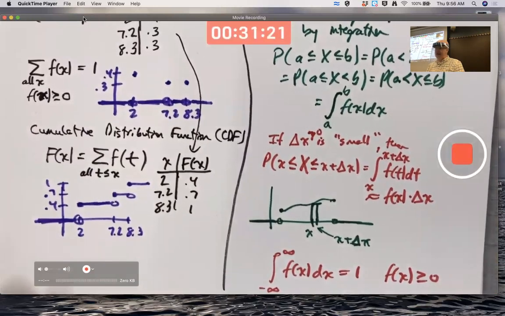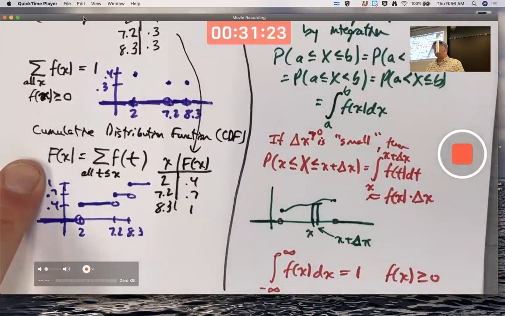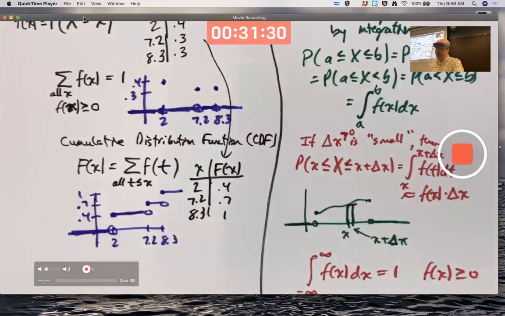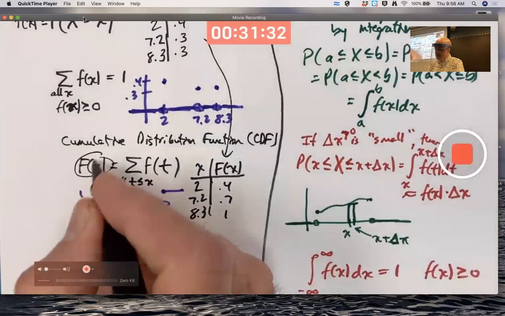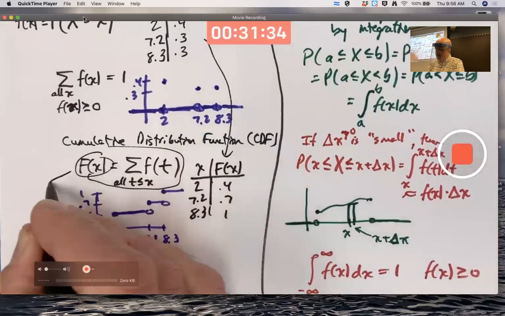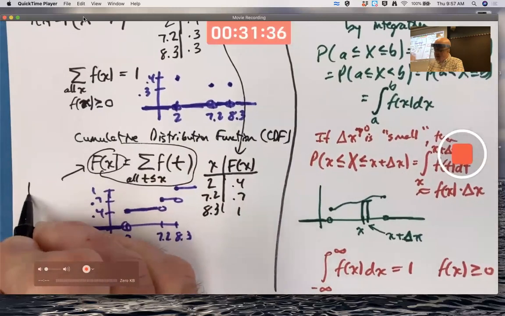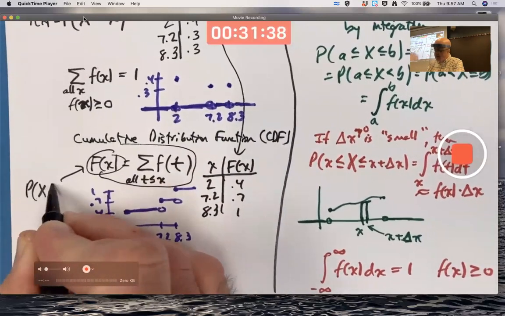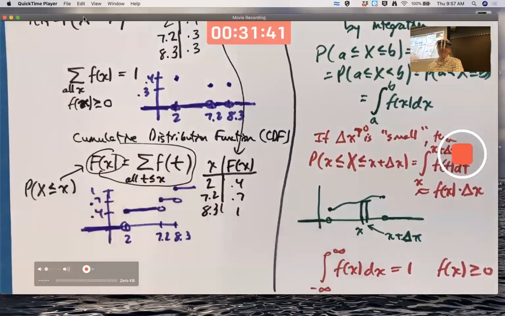When I wrote the CDF back over here, I probably should have written something else as well on this line. I probably also should have emphasized that this thing here represents the probability that your random variable is less than or equal to the given little x.